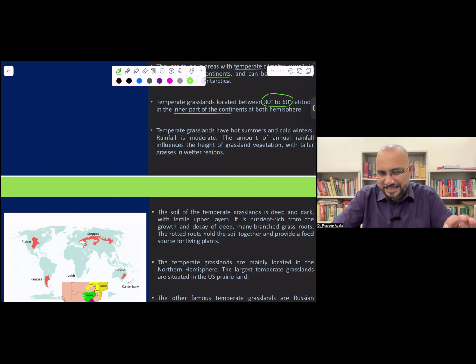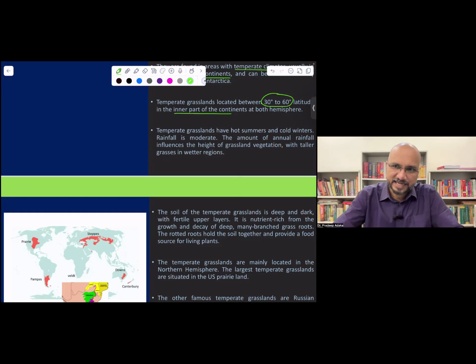Why are we stressing on the inner parts of the continents? Because generally in the coastal regions there tends to be seasonal rainfall.